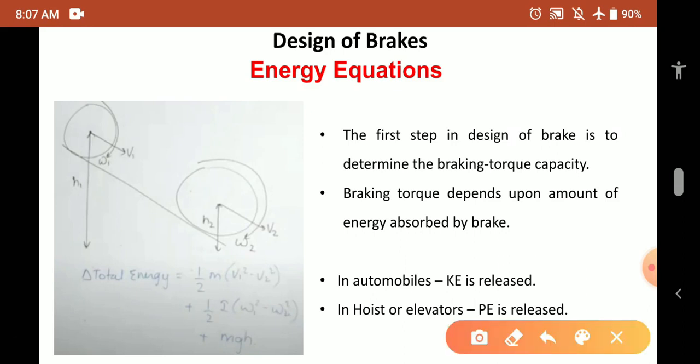In automobiles kinetic energy is released, but in hoists or elevators the potential energy is released. The kinetic energy released is 1/2 m (v1 square minus v2 square), and the potential energy in hoists and elevators is due to the change in height. We will see in detail.